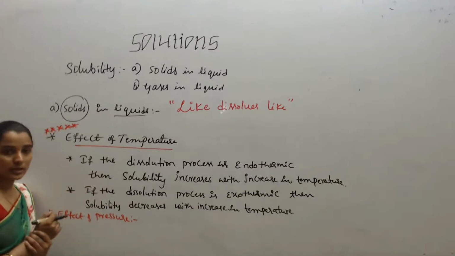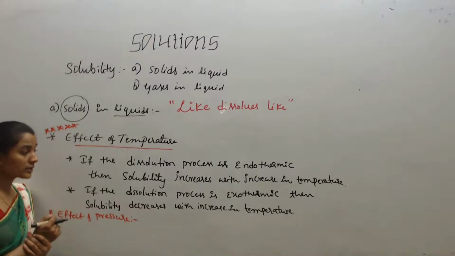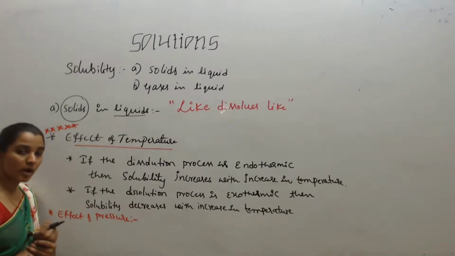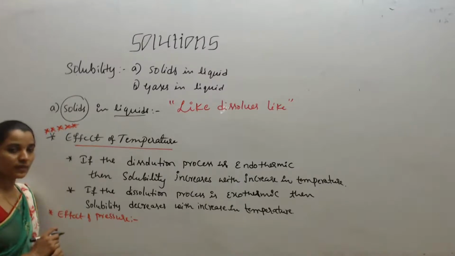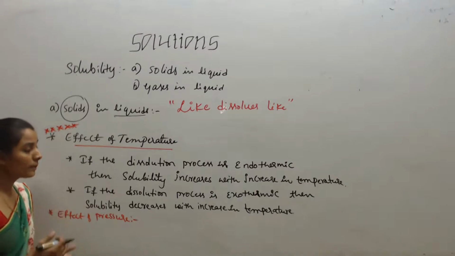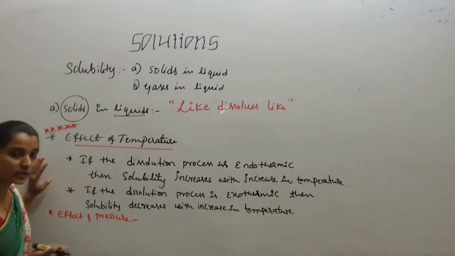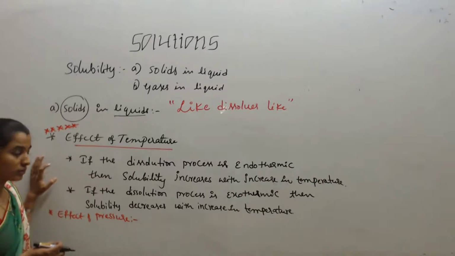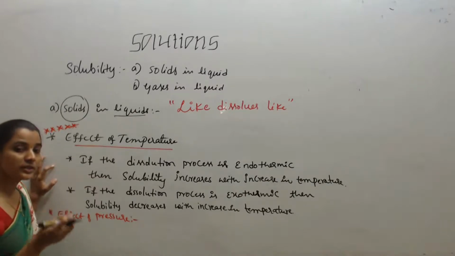Why did I say these are important, students? Because this is the question that is preferably asked for 1 mark. I told you question number 1 and 2 are from the solution chapter. What happens if temperature increases to the solubility of solids in liquids?